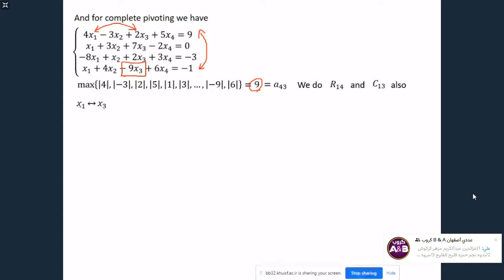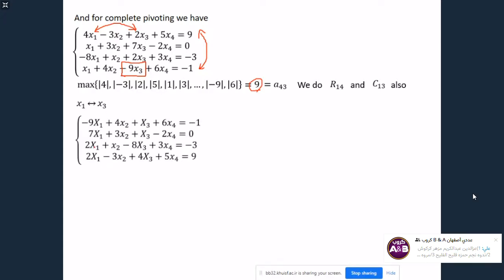Also we substitute x1 and x3. So we have minus 9 X1, I wrote that in capital mode, plus 4x2 plus X3. It's capital because it is x1 in little mode, plus 6x4 equals minus 1.